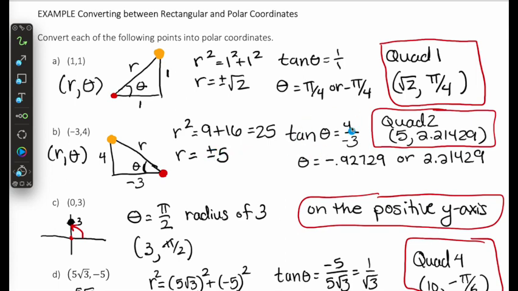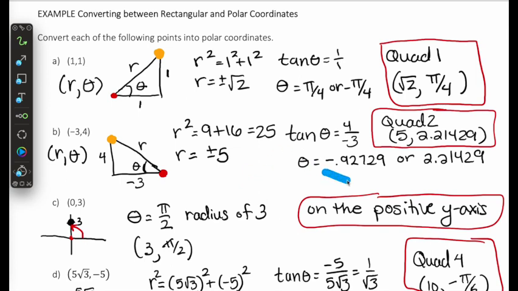Now when I do inverse tangent to find my angle, I'm going to find tangent of theta is y over x, right? Opposite over adjacent. And when I use my calculator and I do inverse tangent, I'm going to get that I could have an angle of negative 0.92729, or I could have 2.21429. Now, because we're looking at the second quadrant, we want to make sure that our radians for our angle is going to fall between pi over 2 and pi.